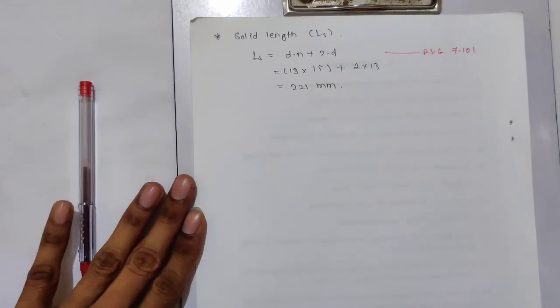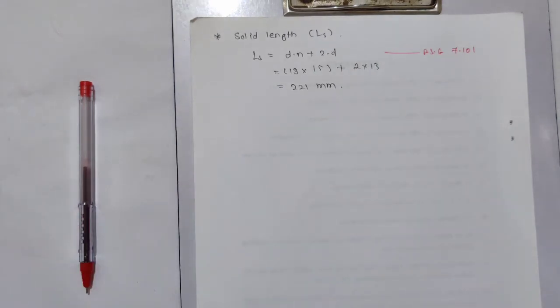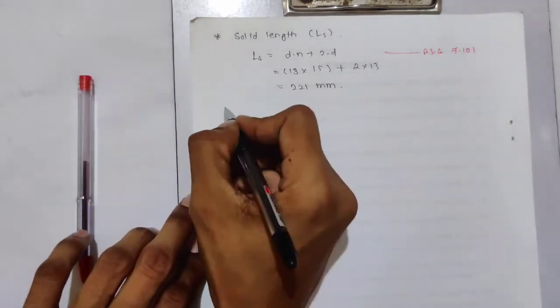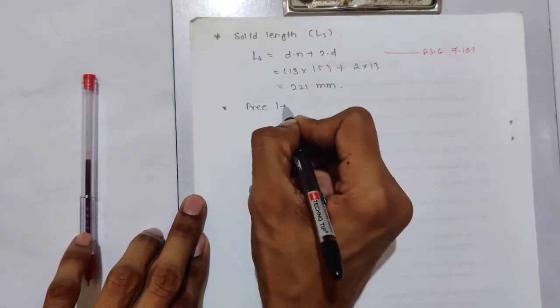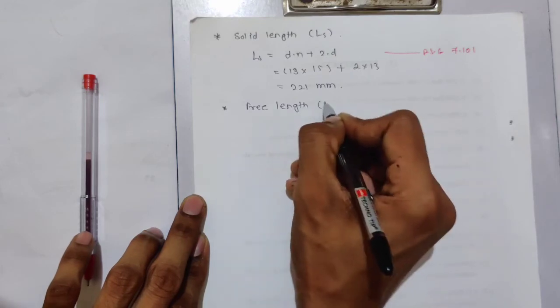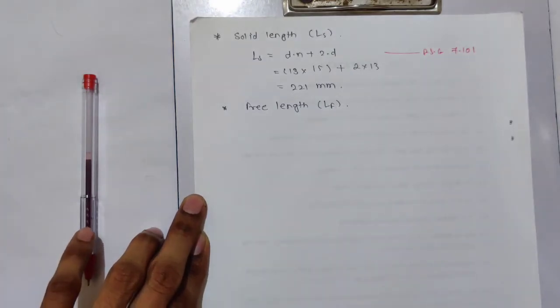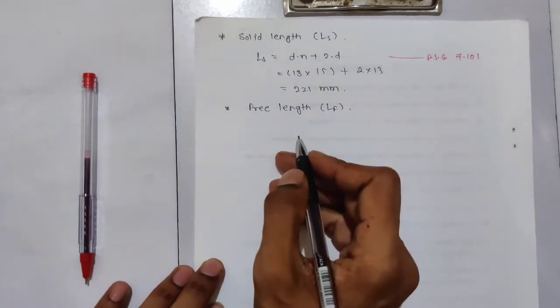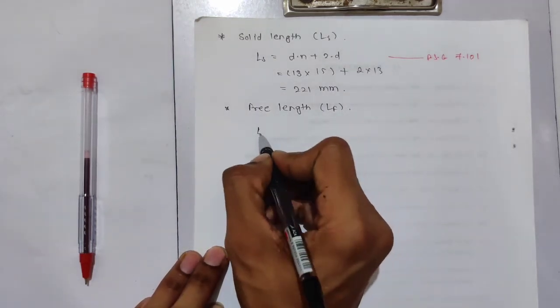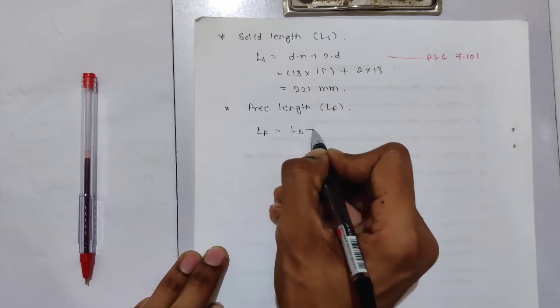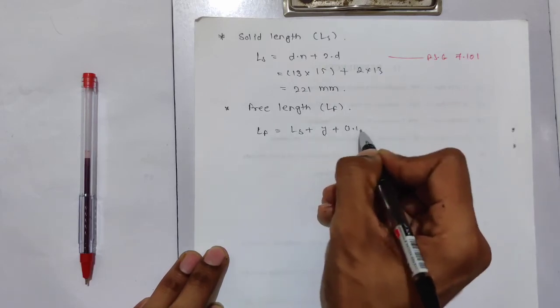Now we can find free length, Lf. We have seen in the last problem the formula for Lf. So Lf is Ls plus y plus 0.15 y.